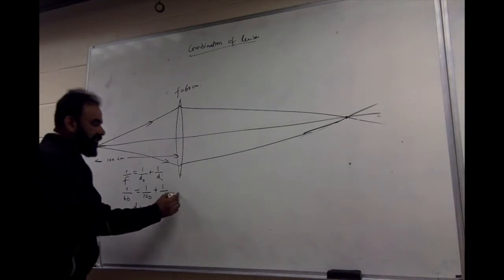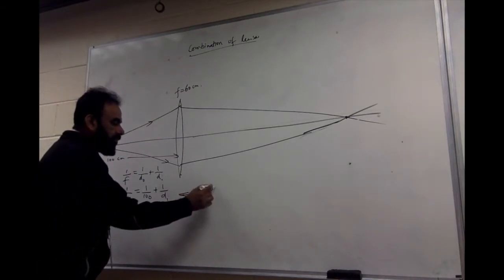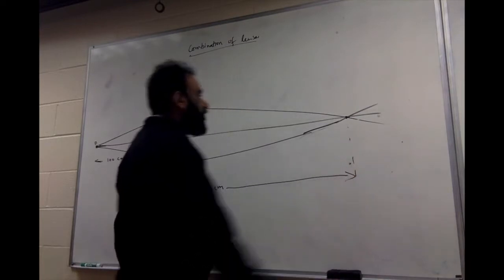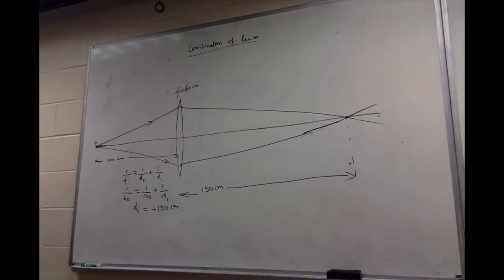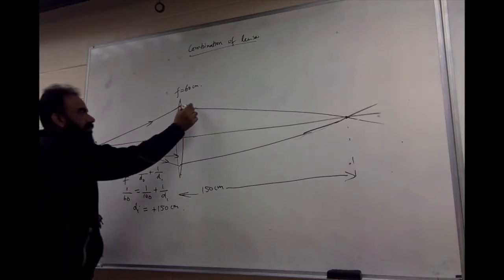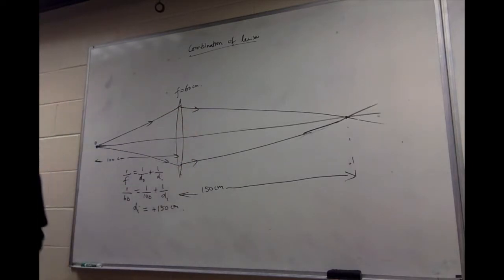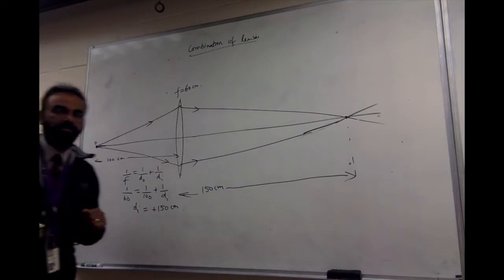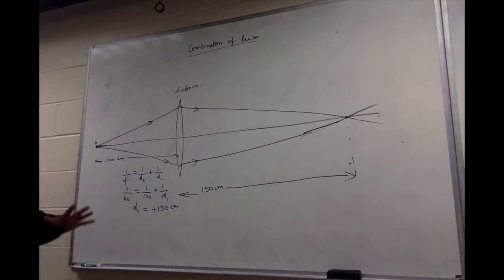That distance is 150. Right? So that's what we understood. When the object is kept at 100 centimeters, the image is formed 150 centimeters from this. So that is a normal problem.